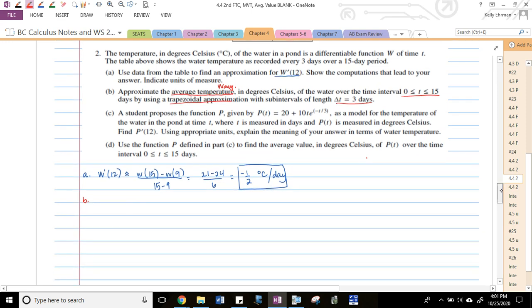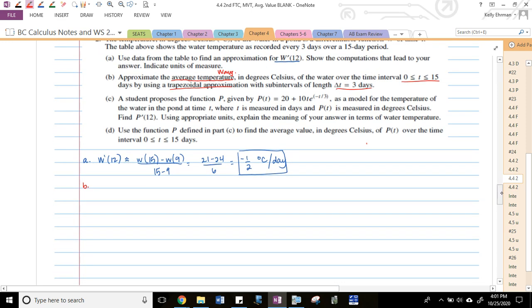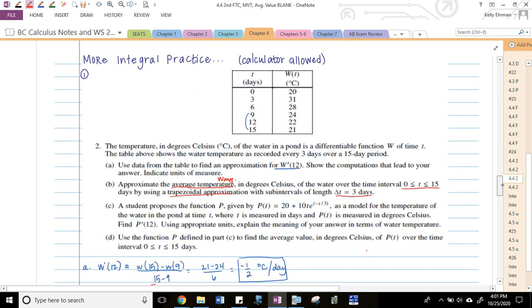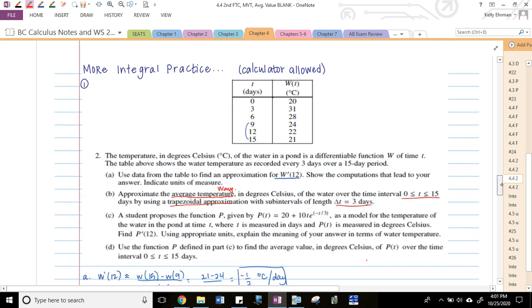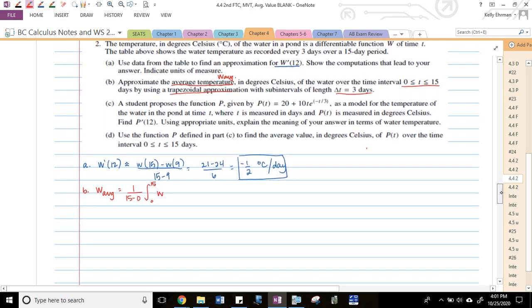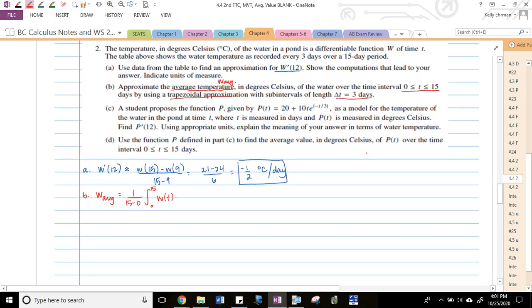So, average temperature, W average. Let's write it out with the integral formula. It's equal to 1 over 15 minus 0 of the integral from 0 to 15 of W of t dt.